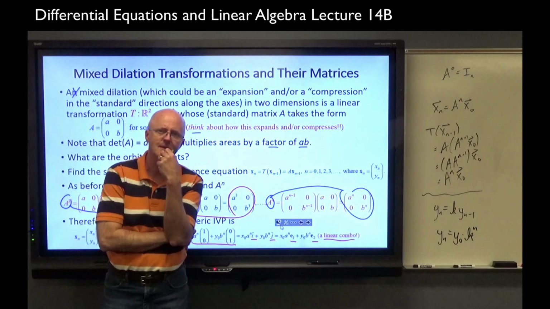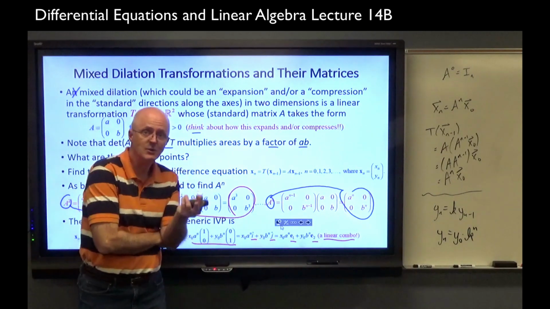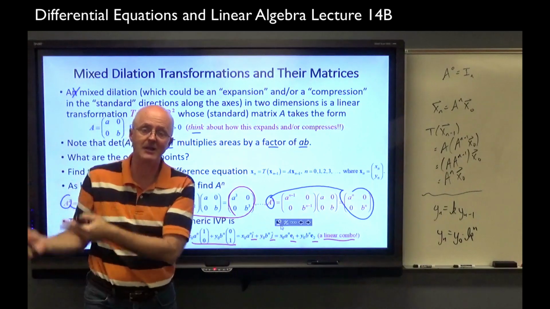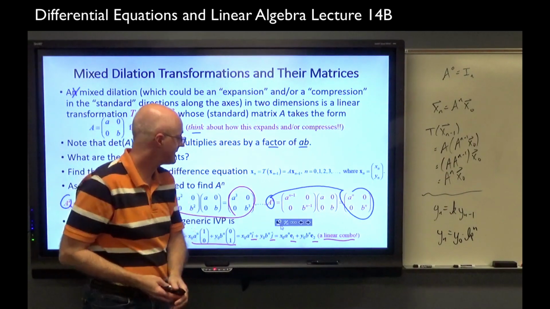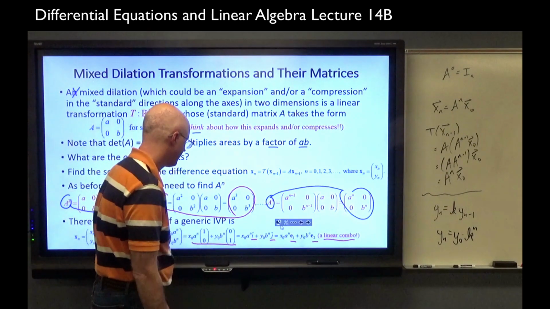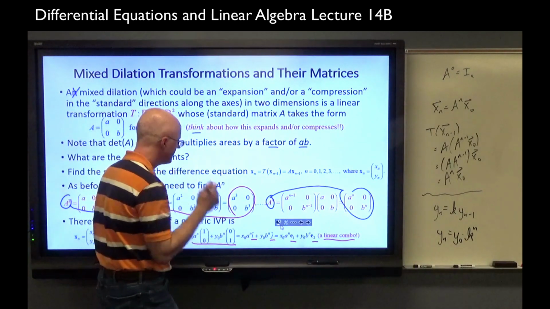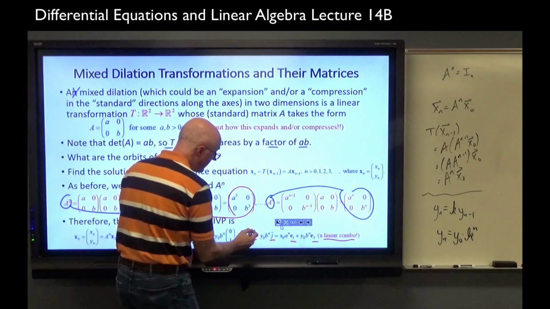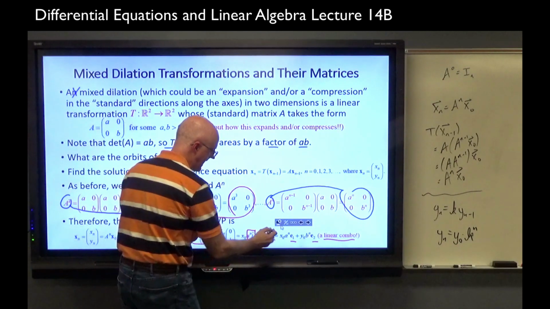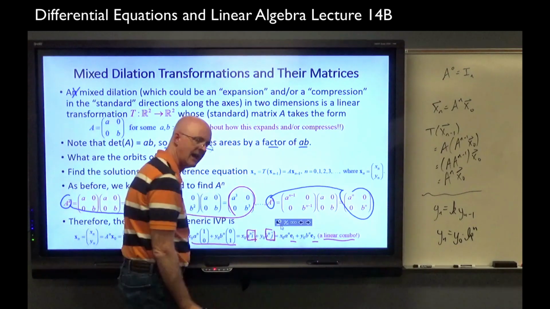There's reason. The solution space, as I talked about in lecture A, is going to be the span of functions of the form a to the n times i hat and b to the n times j hat.